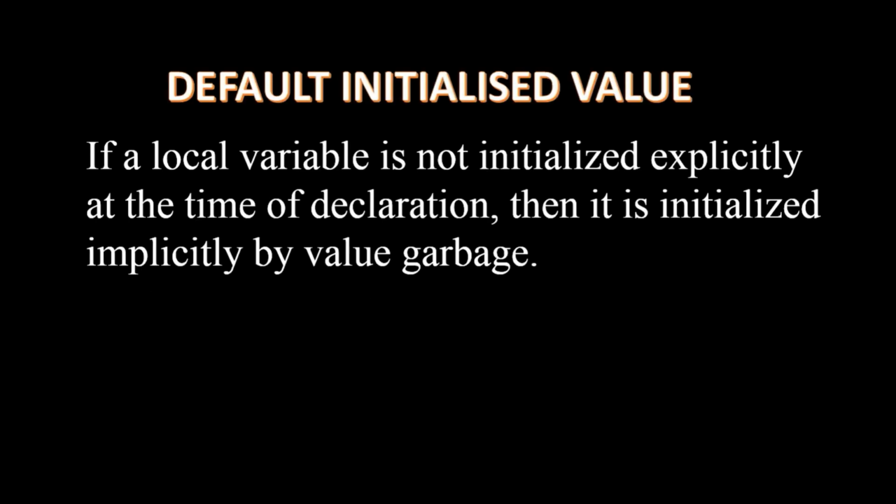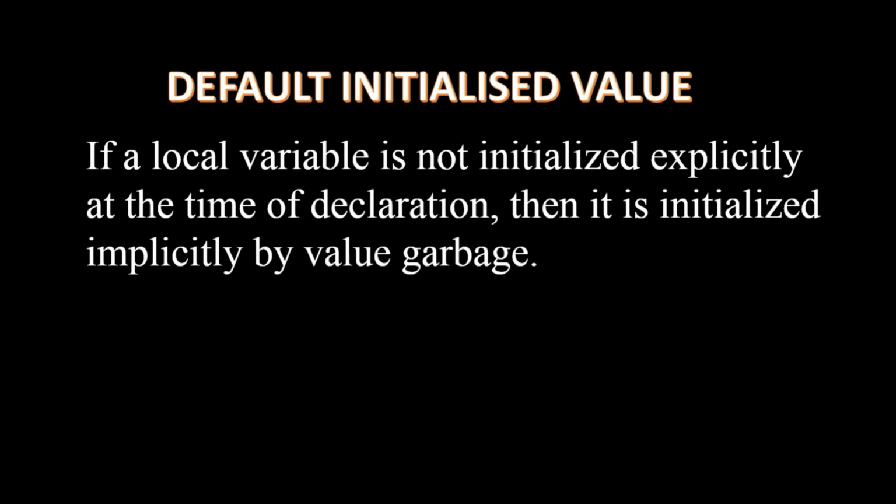Now moving on to the second property, that is the default initialized value. If a local variable is not initialized explicitly at the time of declaration, then it is initialized implicitly by a garbage value. This is a very important point. If you do not initialize the local variable, it is going to be initialized implicitly by a garbage value.